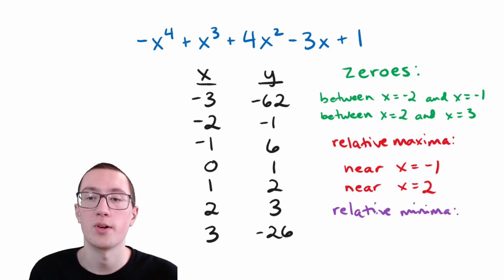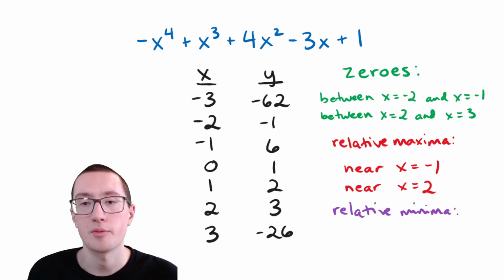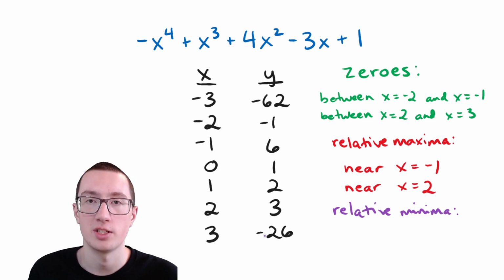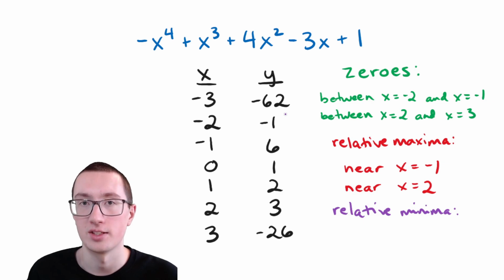Finally, we just need to find a relative minima, or the plural for minimum. It's the same thing, except we have a small number around bigger numbers. And I want to remind you that in this case, these two numbers here, negative 62 and negative 26, even though those are extremely small numbers, they are not going to be relative minima because they are not the valleys that we were talking about.